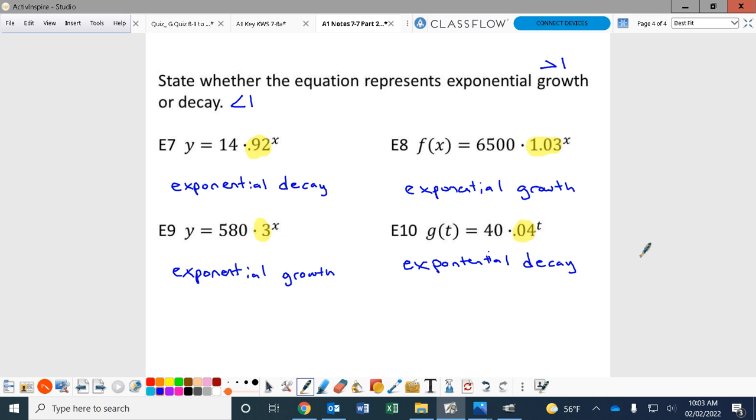Okay, questions, concerns, anything about that set of notes? Good. Alright. So, today's assignment is going to be PWS 7-7B. I'm going to go ahead and pass this out to you.